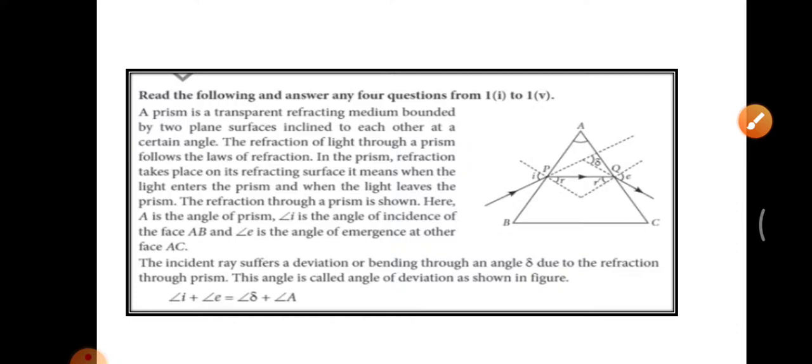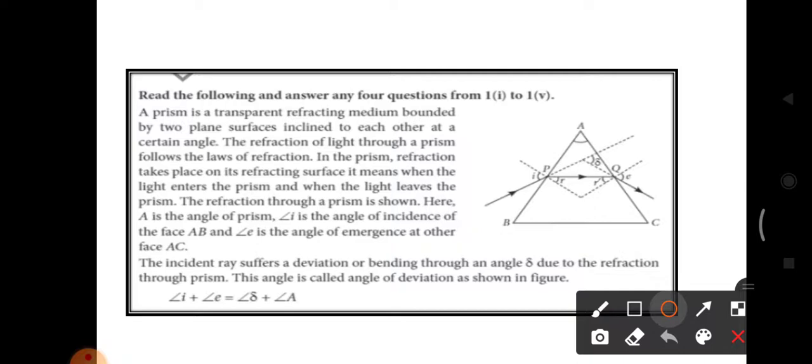The incident ray suffers a deviation or bending through an angle delta due to the refraction through a prism. So see, this incident ray suffers a deviation or bending through an angle delta.